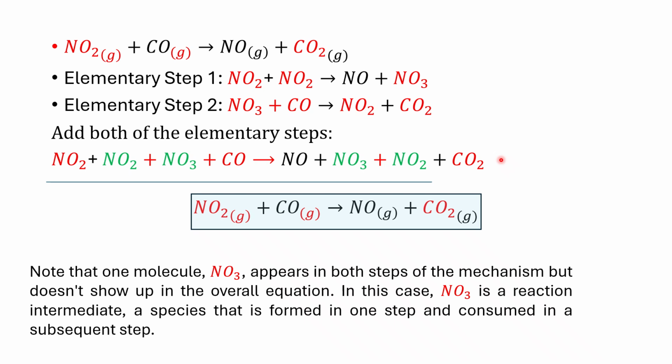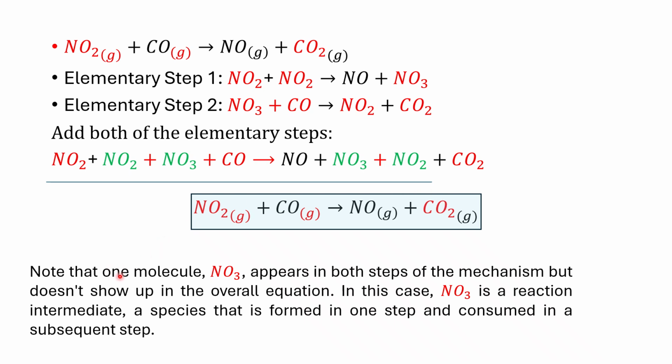So the overall equation will become NO2 plus CO resulting in NO plus CO2, where the NO2 on the left cancels out with the NO2 on the right. Similarly, NO3 on the left cancels off with the NO3 on the right. So left only NO2 plus CO resulting in the products NO and CO2.